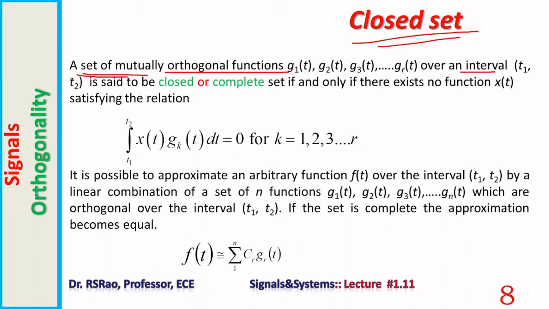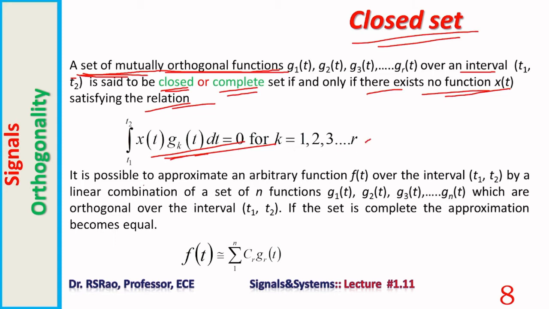This set of mutually orthogonal functions is called a closed or complete set if and only if there exists no function x of t satisfying the relation integral t1 to t2 x of t gk of t dt equal to 0. So no function x of t should be there satisfying integral x of t gk of t dt equal to 0, for k equal to 1, 2, 3, etc.